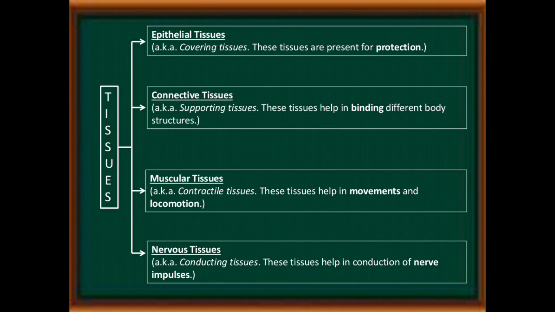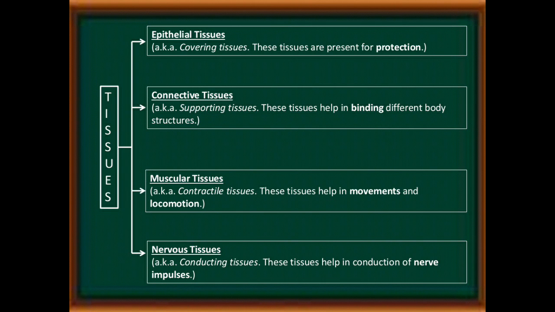Broadly, there are four types of animal tissue: epithelial tissue, connective tissue, muscular tissue and nervous tissue. Epithelial tissue, that is also known as covering tissue. This tissue is present for protection. Connective tissue, supporting tissue. These tissues help in binding different body structures.